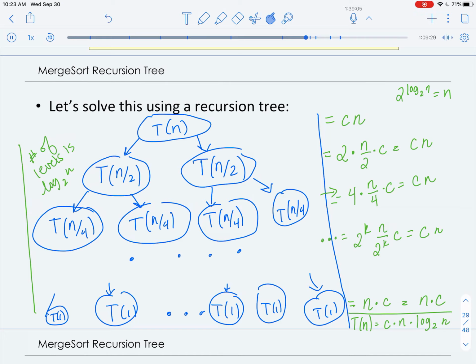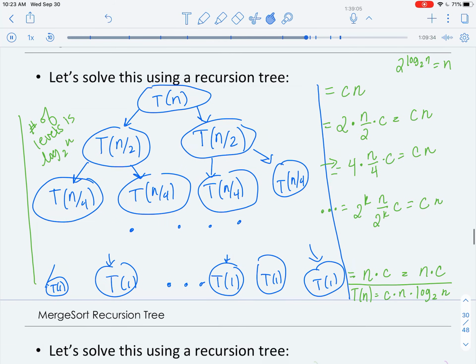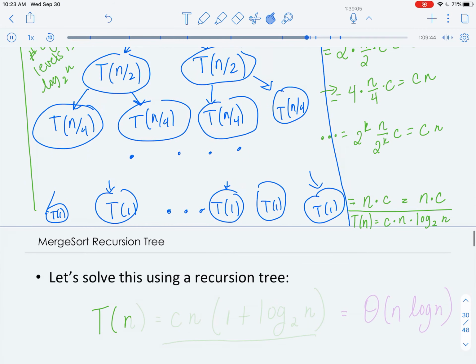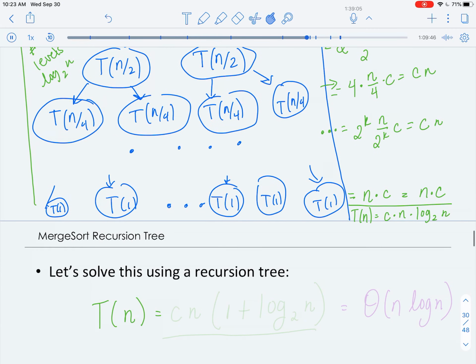Now, we were a little bit casual in this, right? Because we're just approximating the work done on each level, but it's a pretty good claim. But we have to be a little bit more precise, because when we hit the base case, for example, the log of 1 will just be 0, and we're not doing 0 work for that. So now we can write our recurrence relation in a closed form, and here we just have to take into account the base case.